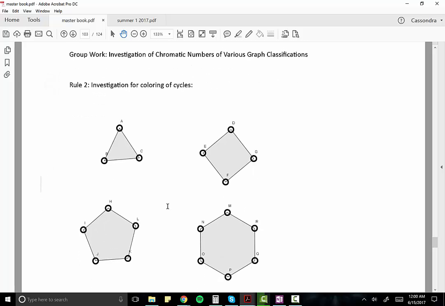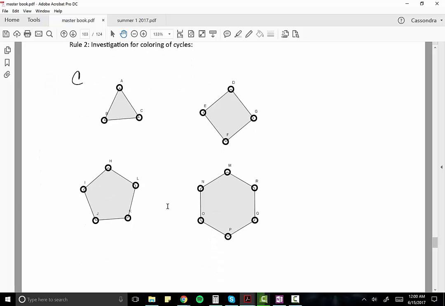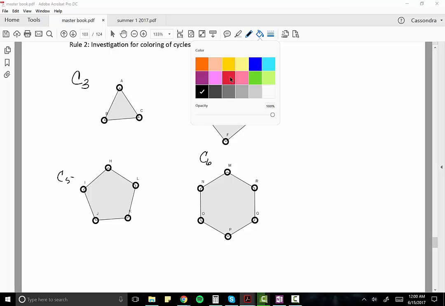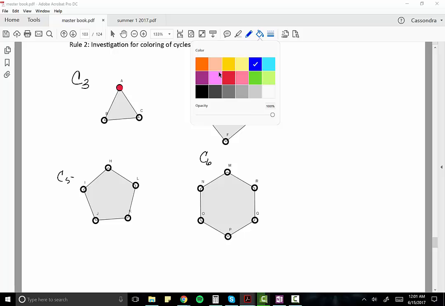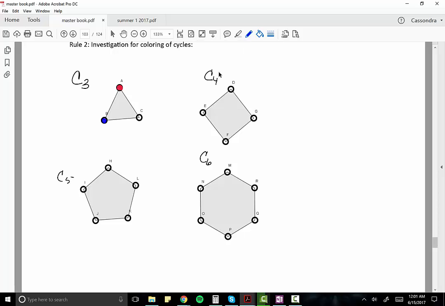So here are the rules for cycles. Here's a C3, here's a C4, here's a C5, here's a C6. Now this should remind you of my definition of bipartite when I was trying to show you what that means. If this vertex is red, B or C cannot be red, so I need to make them a different color.